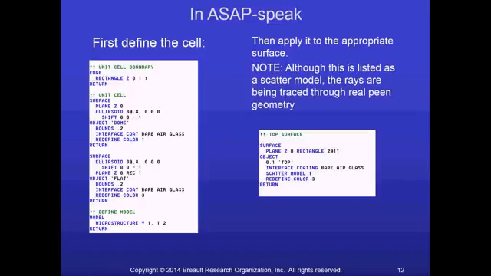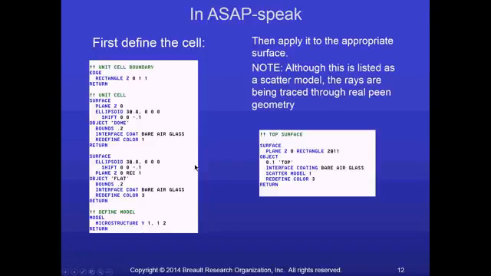Now, just to reemphasize, although we're defining this as part of a model, which is the typical scatter definition within ASAP, these are not scatter simulations. These are ray tracing based on the actual microstructure, but just in maintaining the standard hierarchy of ASAP script definitions, this is where we chose to position the microstructure.